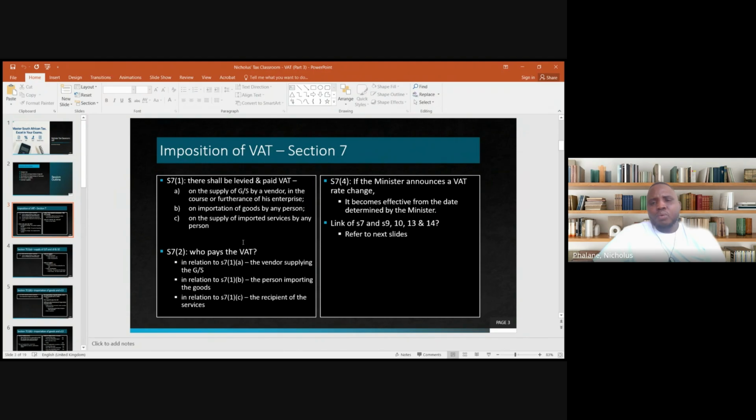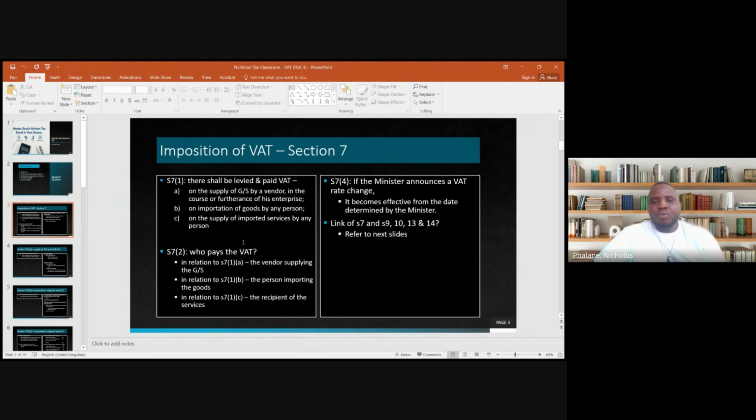Then when you deal with importation of goods, the time and value of supply rules are in Section 13. And when you deal with importation of services, referring to imported services as defined, the time and value of supply rules are in Section 14.